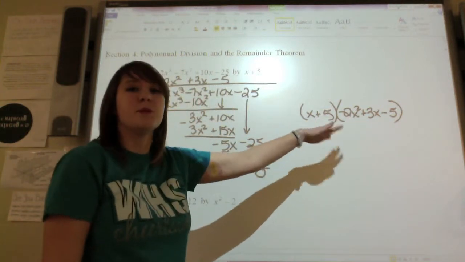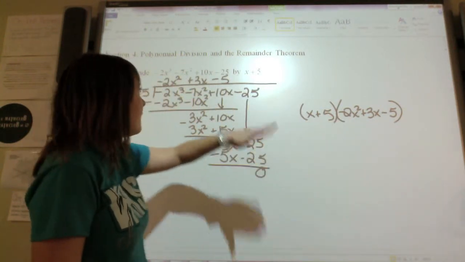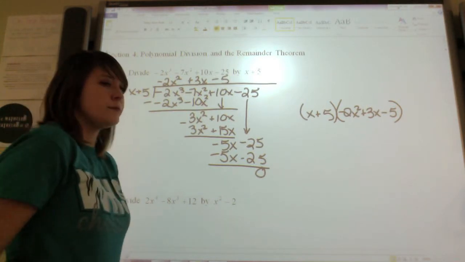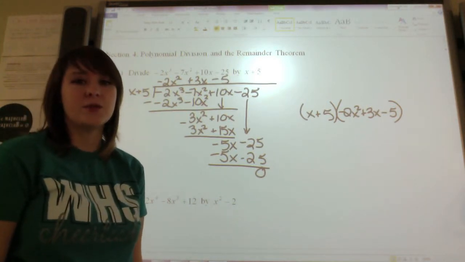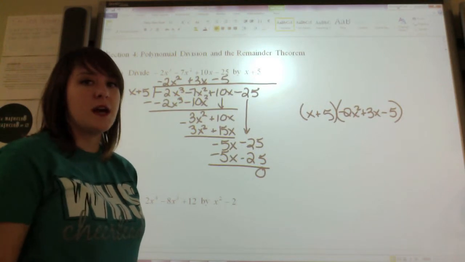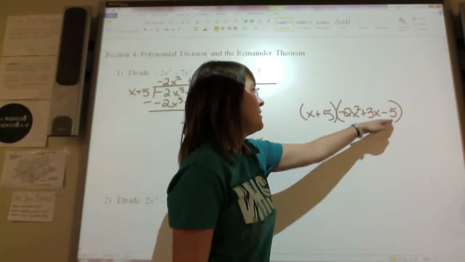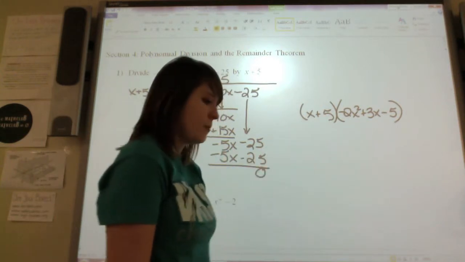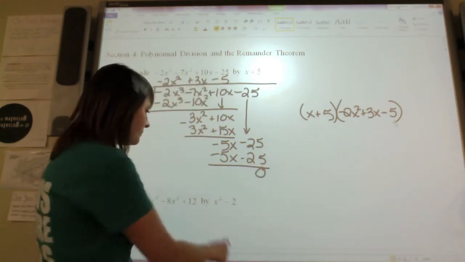So if I were to multiply these two polynomials together, I would get this original polynomial here. So essentially you can use this as a tool to help you factor, because then now you have a quadratic that you can factor, and you've got your binomial here that you've pulled out.